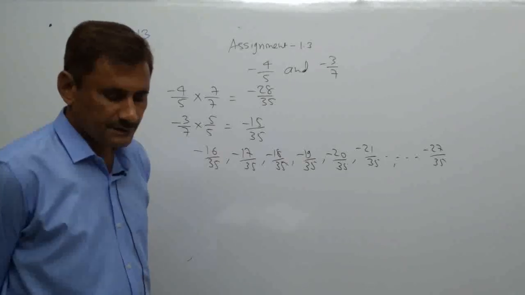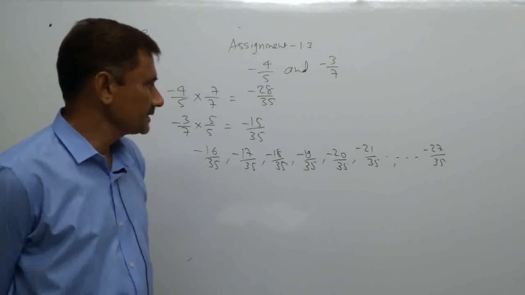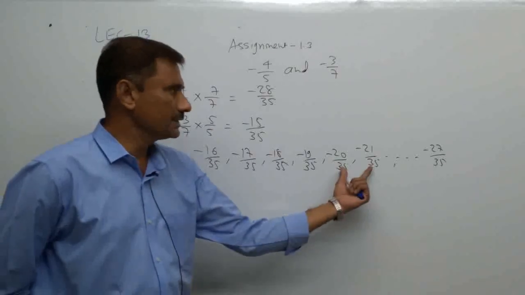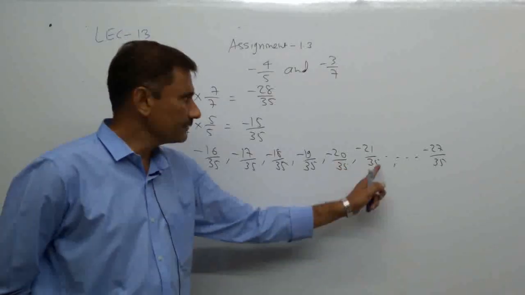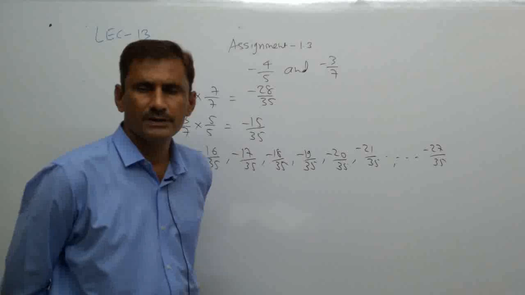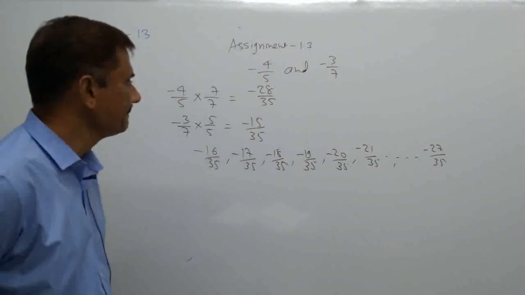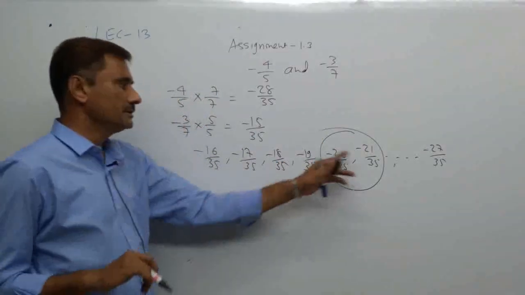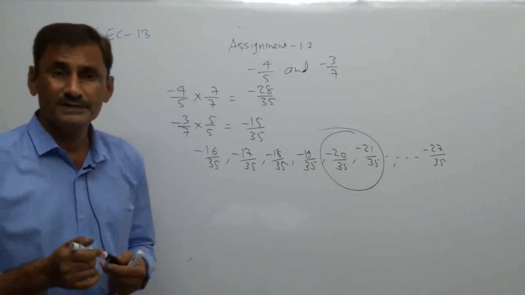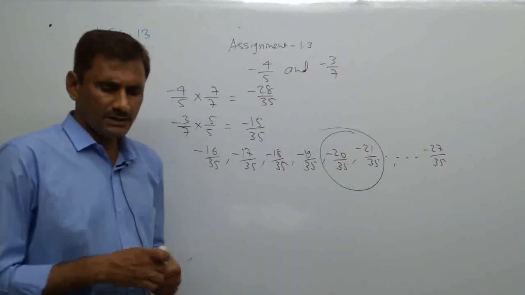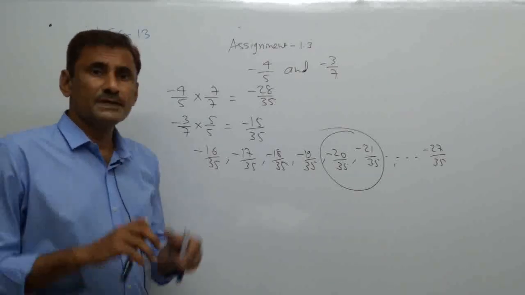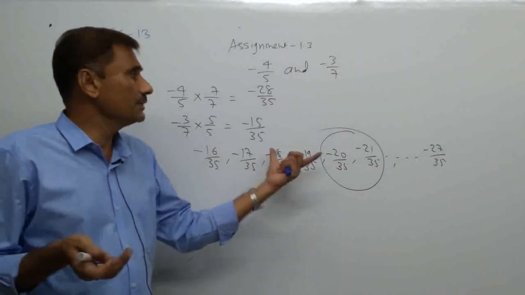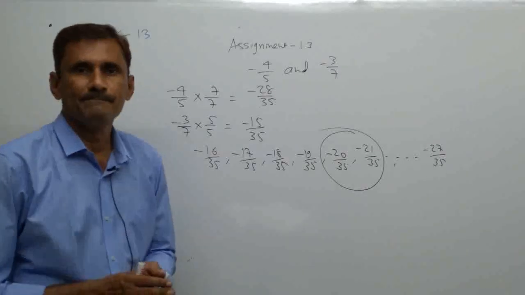So the answer is D, minus 21 and minus 20 both are there. I have not written all, but you understand it. So according to their options, they are appropriate. D is right. The remaining are not right because one or both are not included in between this.